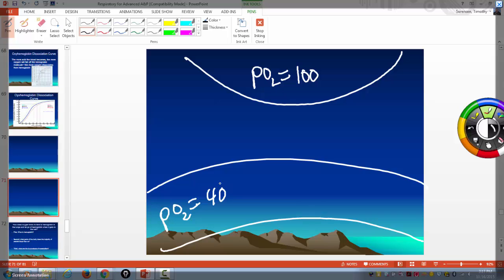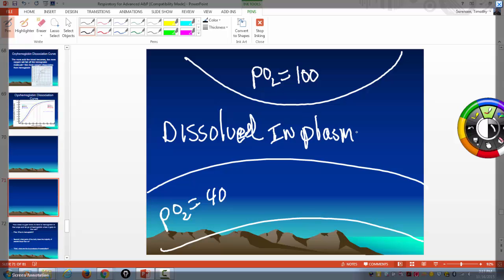So, again, one of the ways that oxygen is transported in the blood is dissolved in the plasma. And it is measured as a partial pressure of oxygen, and that's abbreviated PO2.